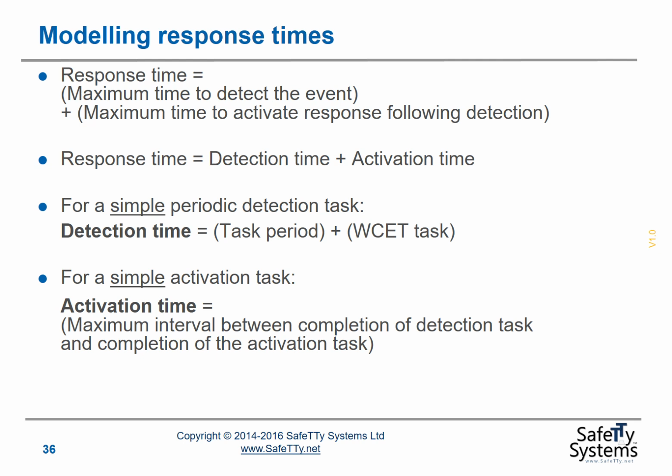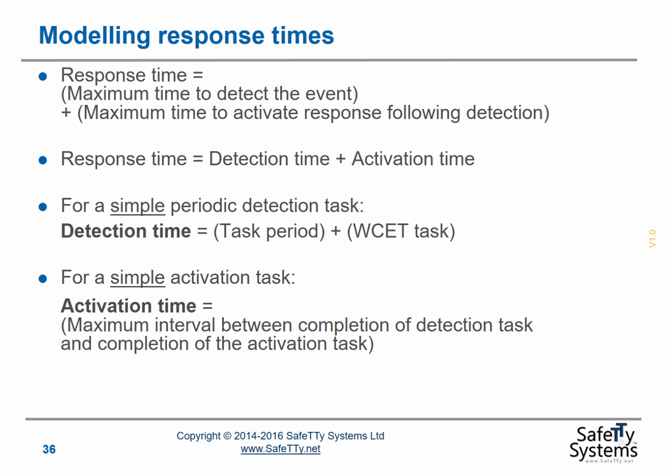For a simple periodic detection task, the detection time is equal to the task period plus the worst case execution time of the task. That's the case because if our detection task is running periodically, the event we're trying to detect may occur just after the task has begun executing.